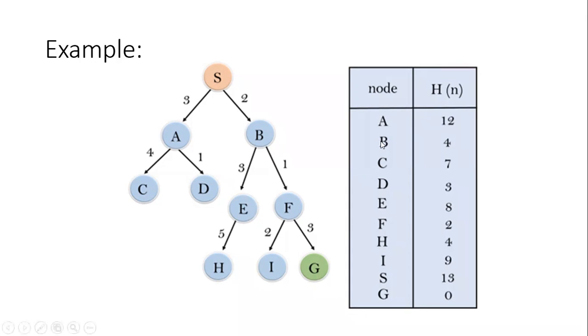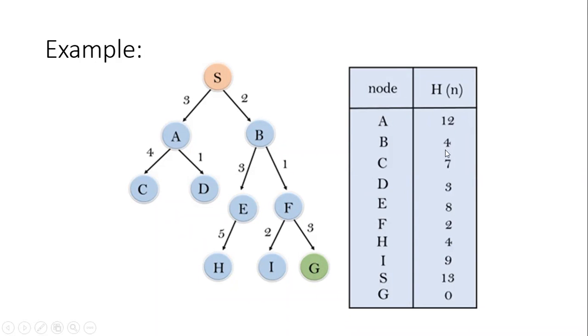Then from B to G, the estimated distance is 4. There are these other numbers on the graph. These are the actual path cost to move from S to A, but in greedy search, you are not interested in these numbers. You are interested only in the estimate.